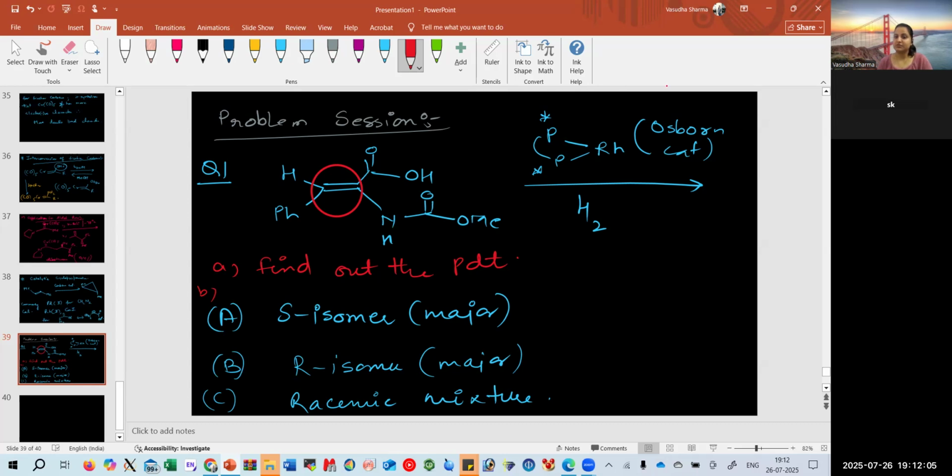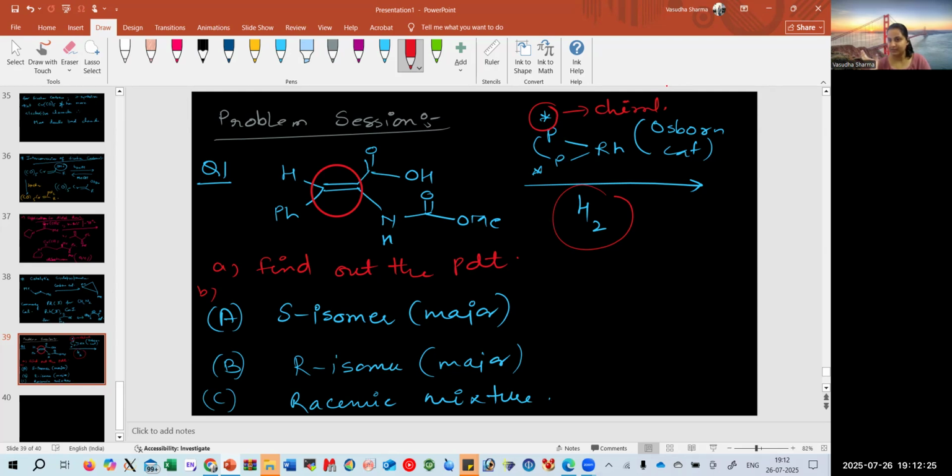So since we are using a Schrock Osborn catalyst, this is basically going to do the hydrogenation of your olefin, because we are giving a hydrogenation source also. And this is going to be making a single bond. Once we are using a chiral catalyst, the star symbolizes the chiral catalyst, and based on that, we will be having a chiral product.